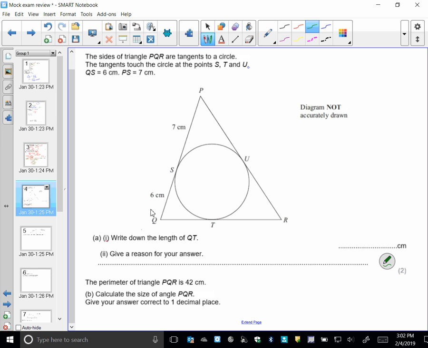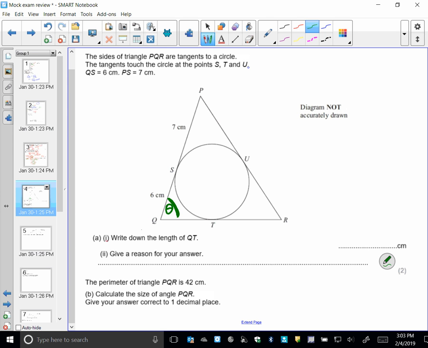Right, so the perimeter of the triangle PQR is 42. Calculate the size of angle PQR. So they want us to find this angle here. They've said that the perimeter is 42.